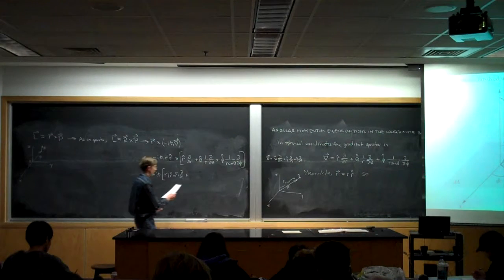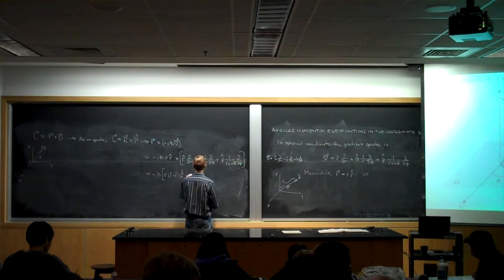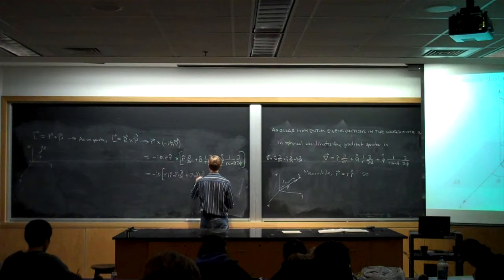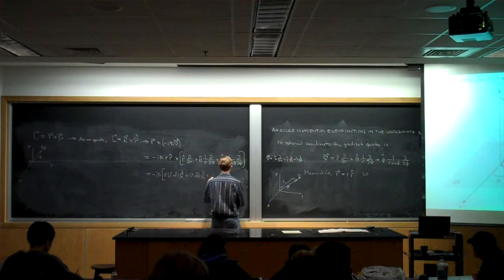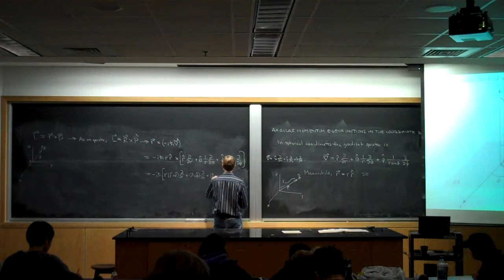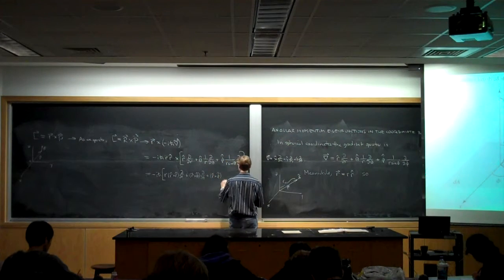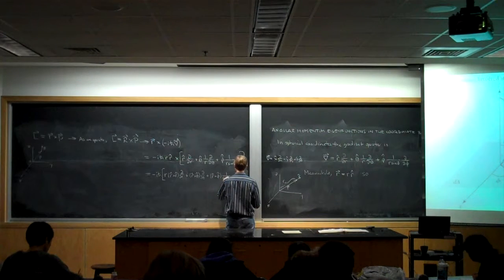So I get plus r hat cross theta hat times partial with respect to theta plus r hat cross phi hat times 1 over sine theta partial with respect to phi.